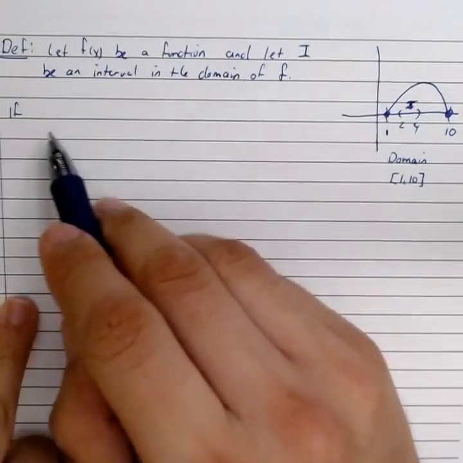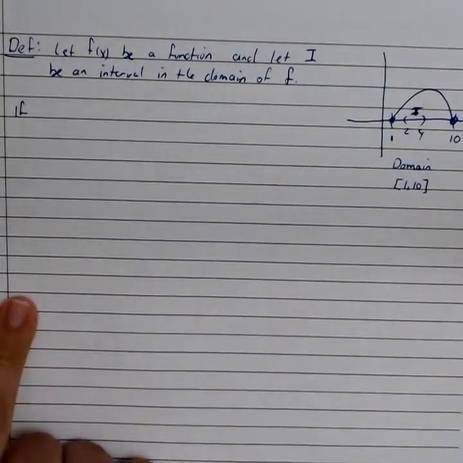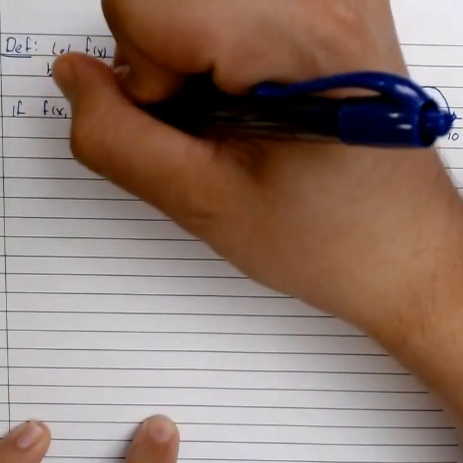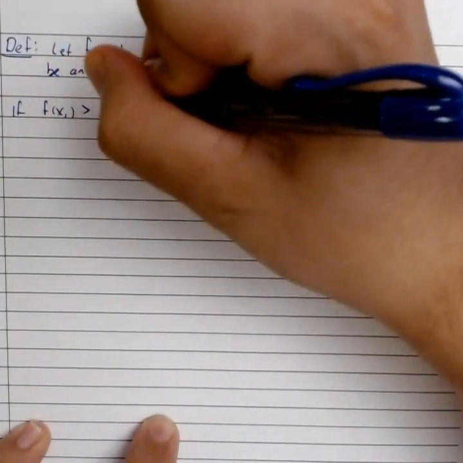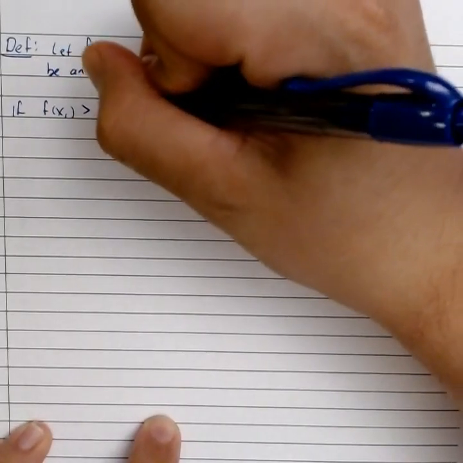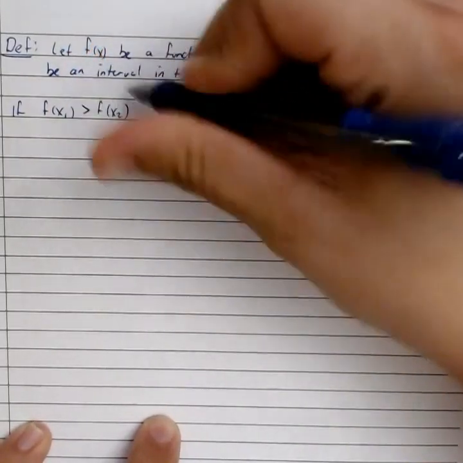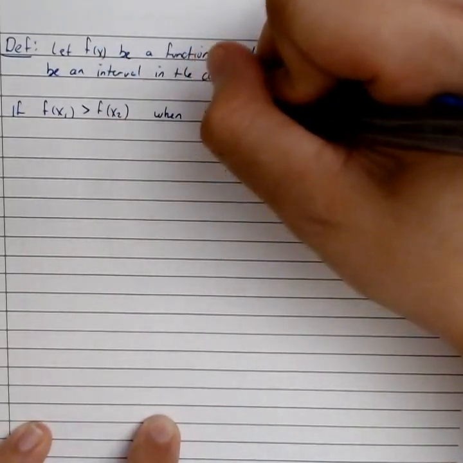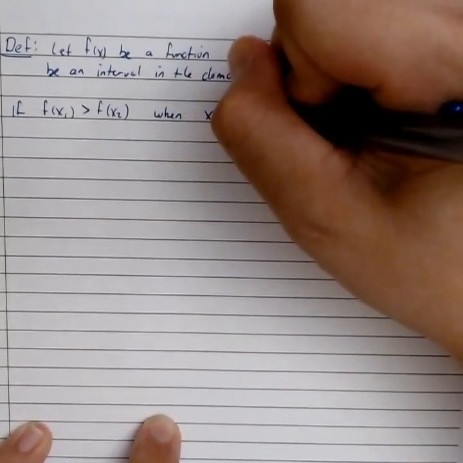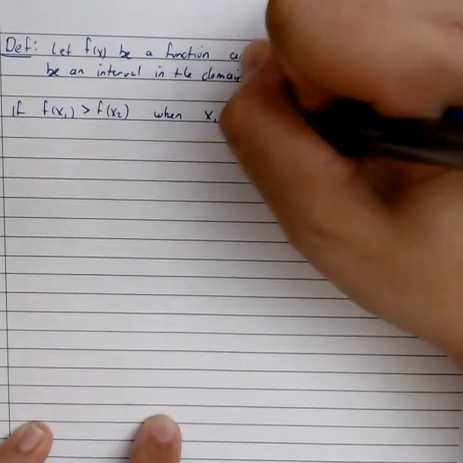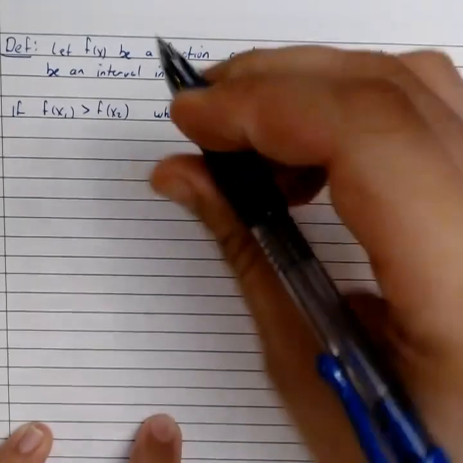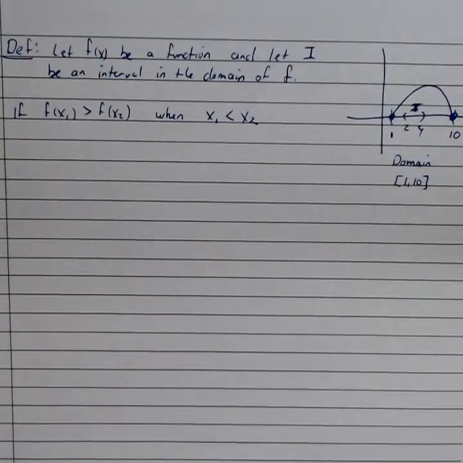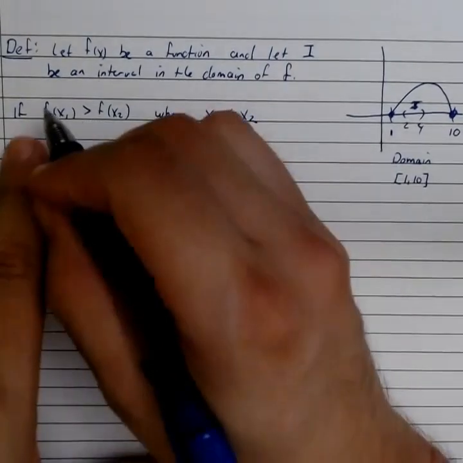So now we're going to define three different things within this definition. If f of x1 is greater than f of x2 when x1 is less than x2, let's see, that's grammatically backwards. Let me write it starting here.